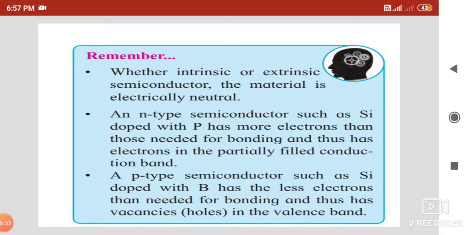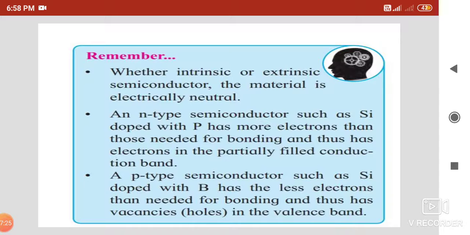Now remember, whether the semiconductor is intrinsic or extrinsic, these materials are always electrically neutral. An n-type semiconductor, such as silicon doped with phosphorus, has more electrons than those needed in the bonding, and thus has electrons in the partially filled conduction band.